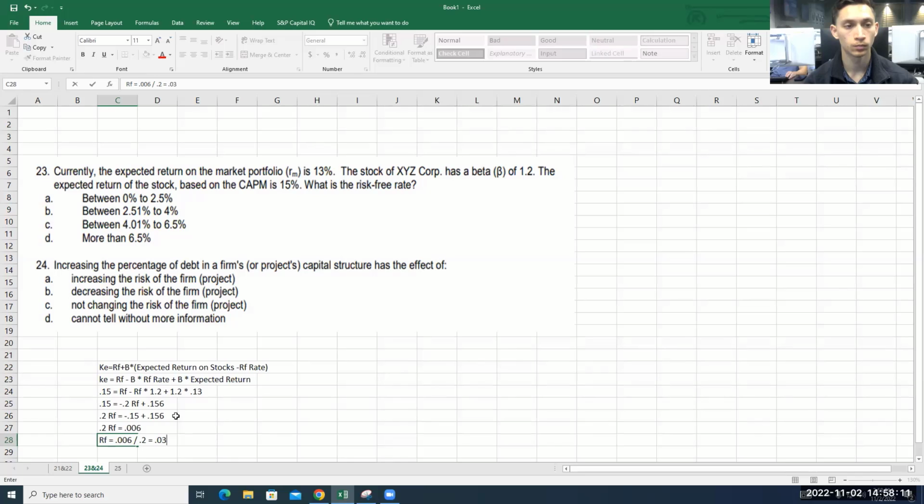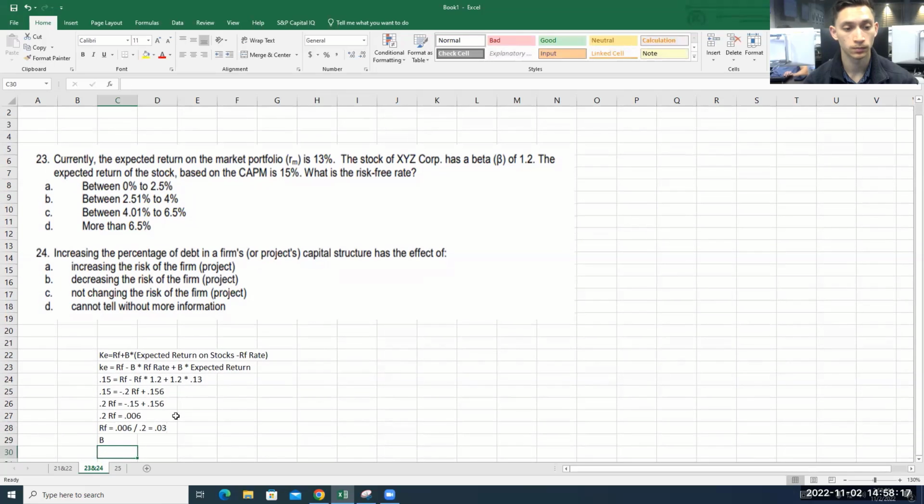Now, I don't know why they don't give you 3% in the numbers, but that looks like, is B the right answer? You got it. So now what you need to do is check the numbers. So we know KE is going to equal the risk-free rate, 0.03, plus beta, 1.2, times expected return on the market, 0.13, minus 0.03.